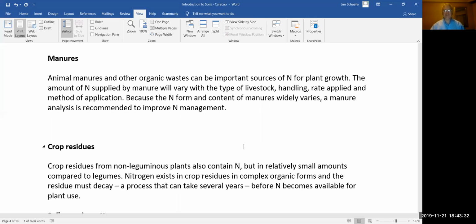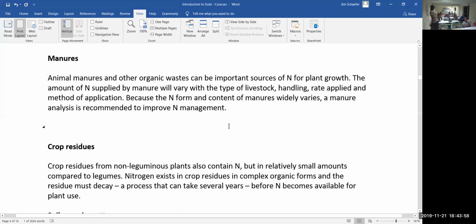You would treat it the same, and then you would get a colorimetric qualitative assessment as to whether or not your manure was high, medium, or low in nitrogen. And it's good to get that kind of information so that you better understand the source of fertilizer and organic material that you're putting into the field.